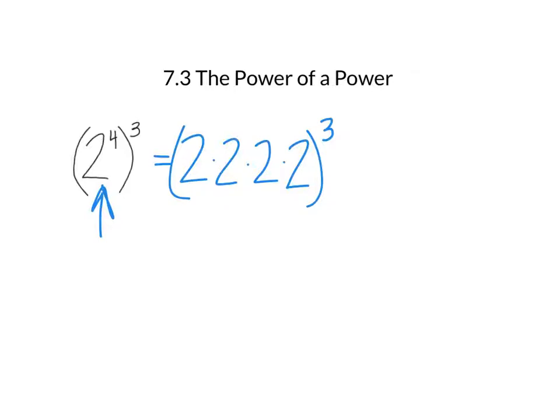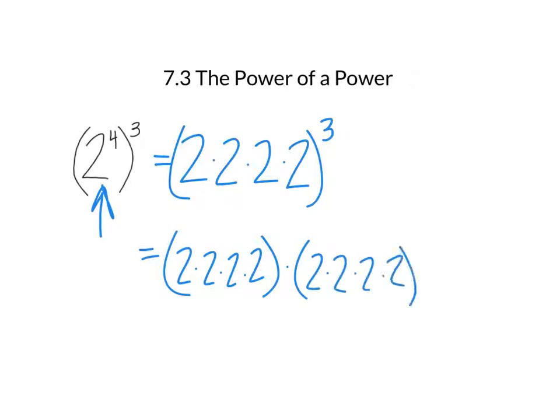If I want to continue to evaluate this and to figure out what this is going to equal, I'm going to say that I have 2 times 2 times 2 times 2, 3 times. So really, I have 2 times 2 times 2 times 2 times 2 times 2 times 2 times 2 times 2 times 2 times 2 times 2. I have that 3 times.